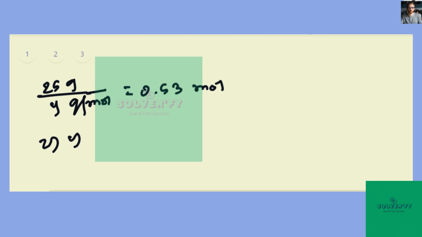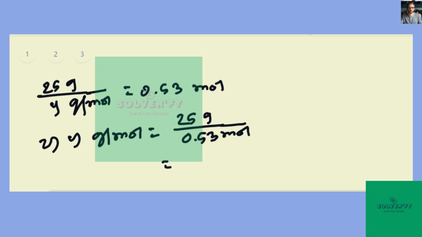And from here we can find the value of Y, which is 25 gram over 0.53 mole, and it will give us a value of 47.17 gram per mole.